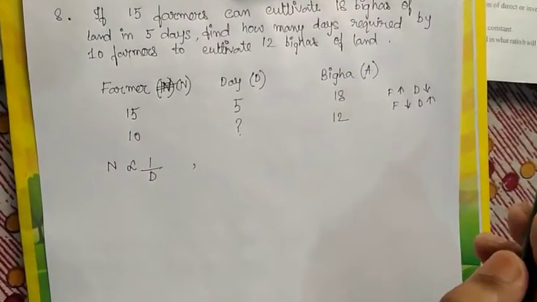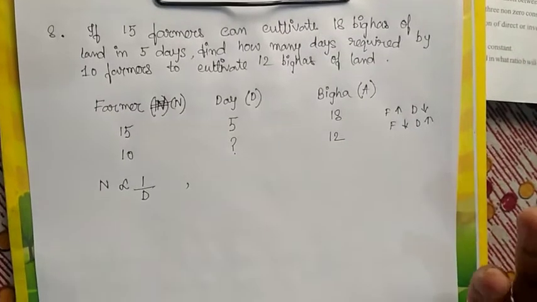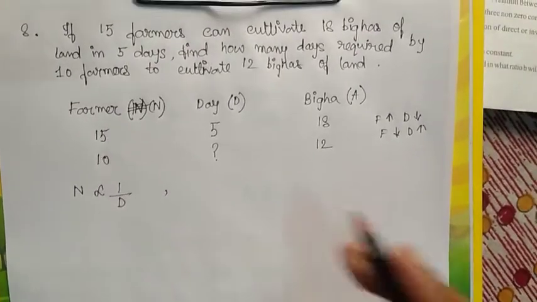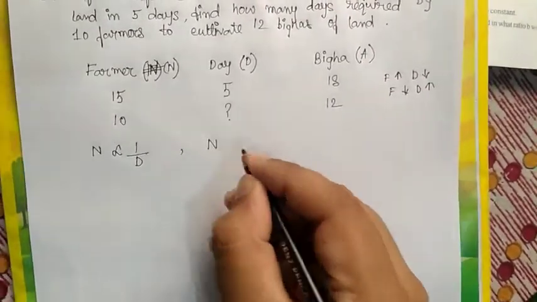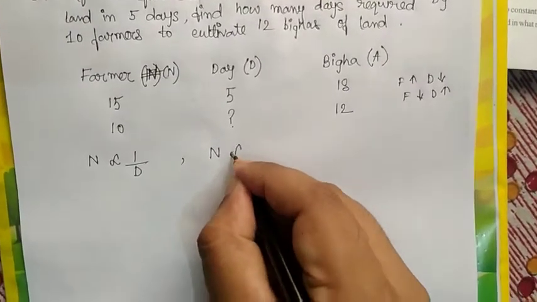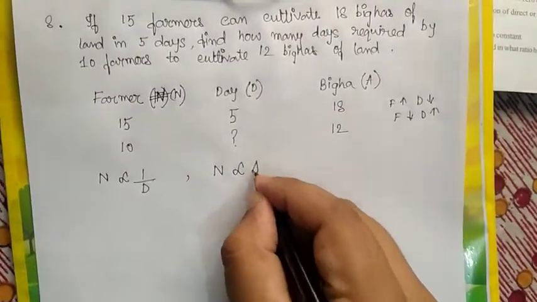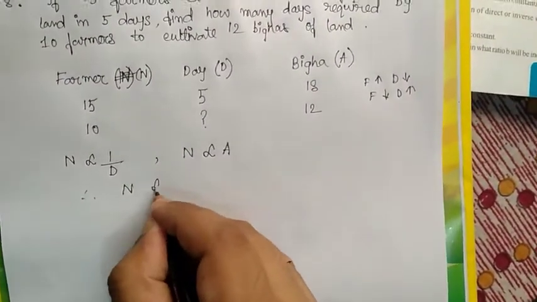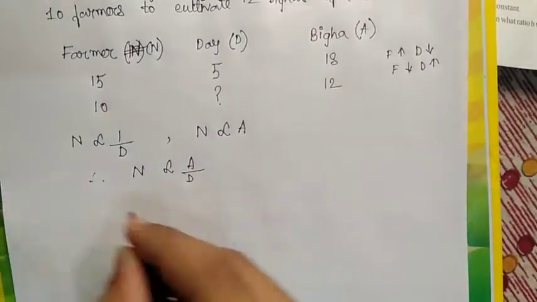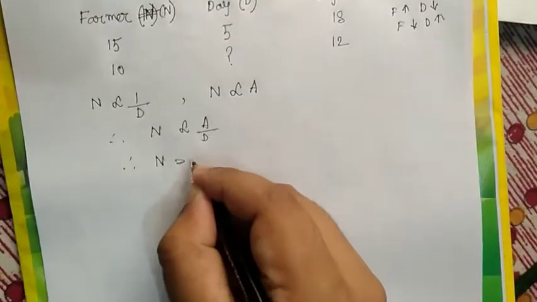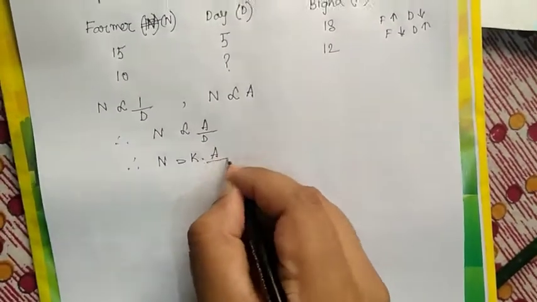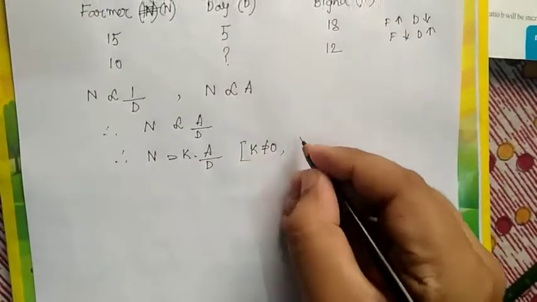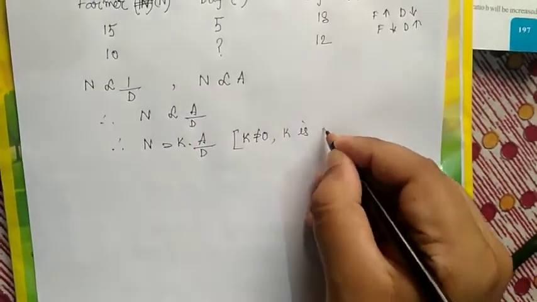This is the manpower. That's why the cultivation increases or decreases according to the men increasing or decreasing. So we can say that n varies directly with A. By combining both of these, we can say that n equals k into A by D, where k is not equal to 0 and k is a constant of variation.